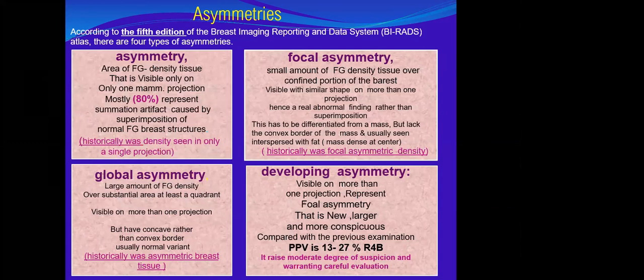However, it's seen in a single projection, either CC or MLO view, not seen in the other standard projection, and almost 80% represent summation artifact caused by superimposition of fibroglandular tissue, and historically was called density seen in only a single projection.